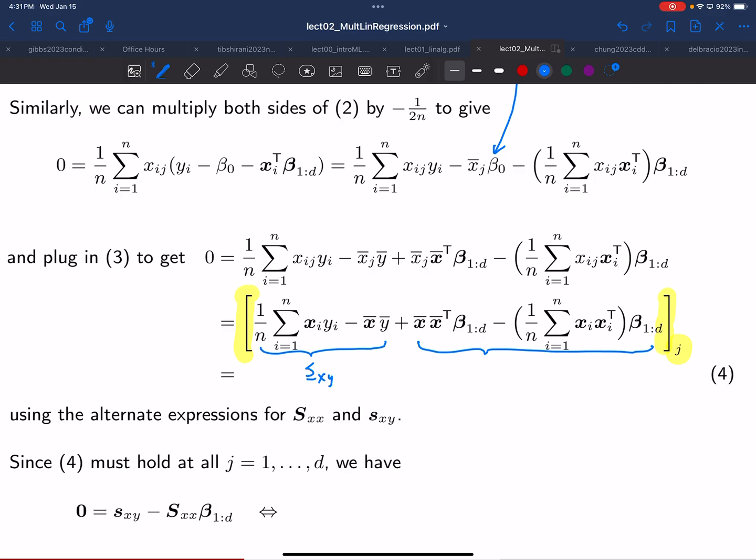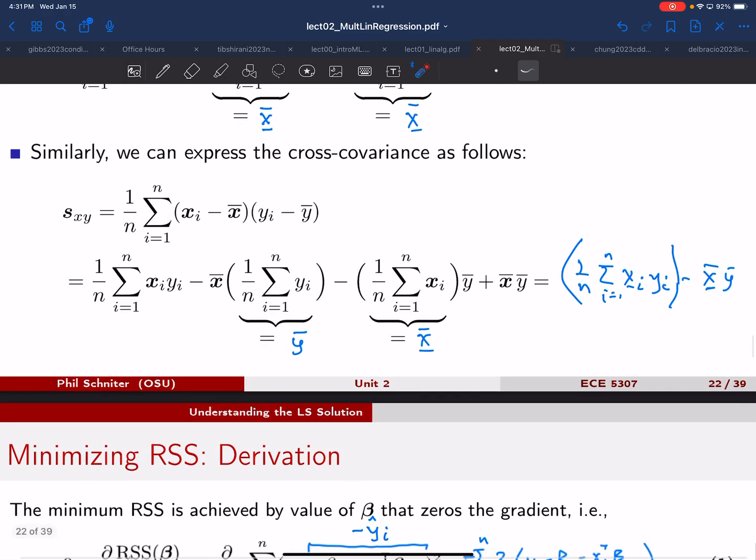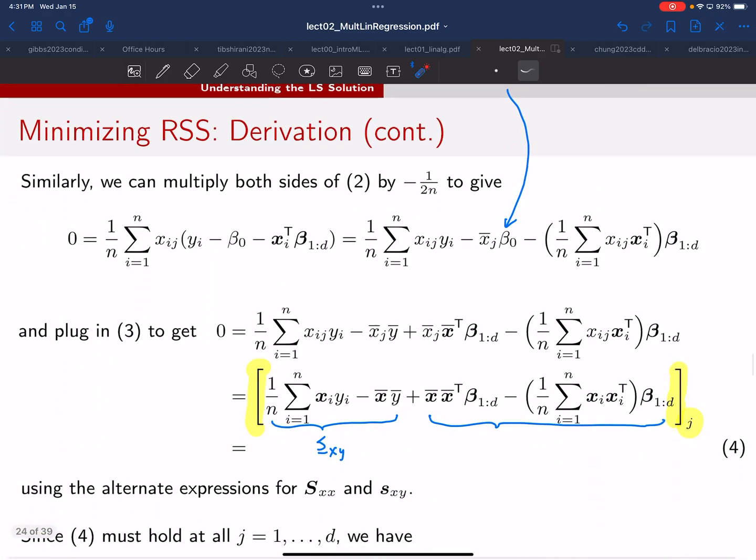And on the right, we're exploiting that the covariance matrix equals this. It's the average of the xi pairs minus the x bar pair, except that both are multiplied by beta 1 through d.